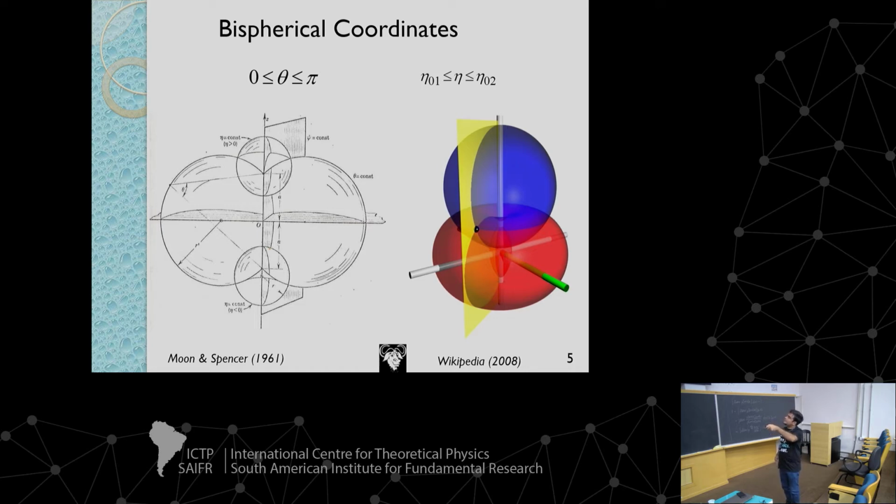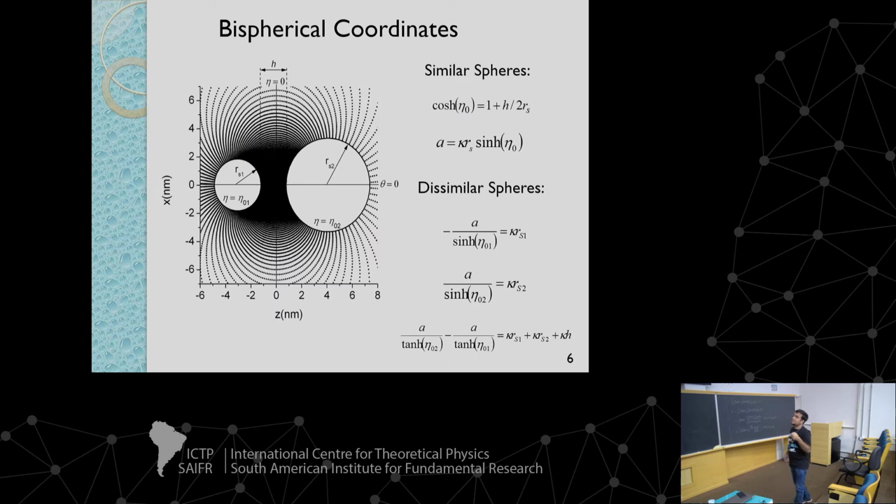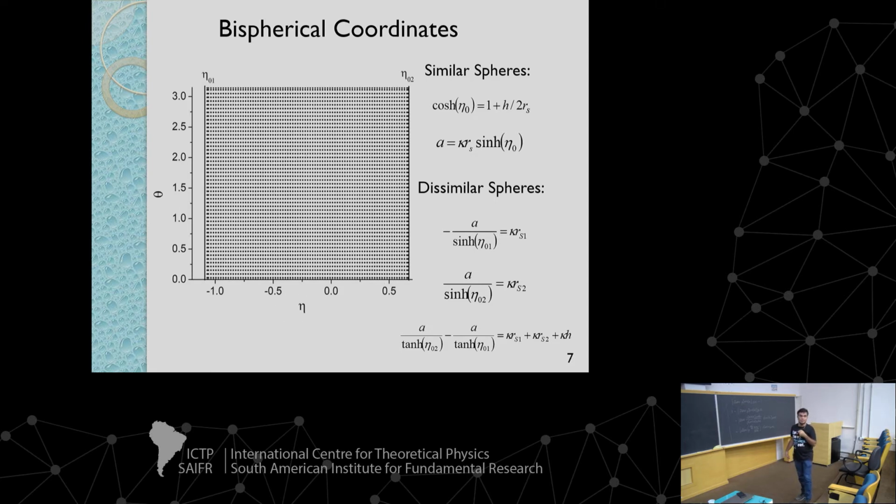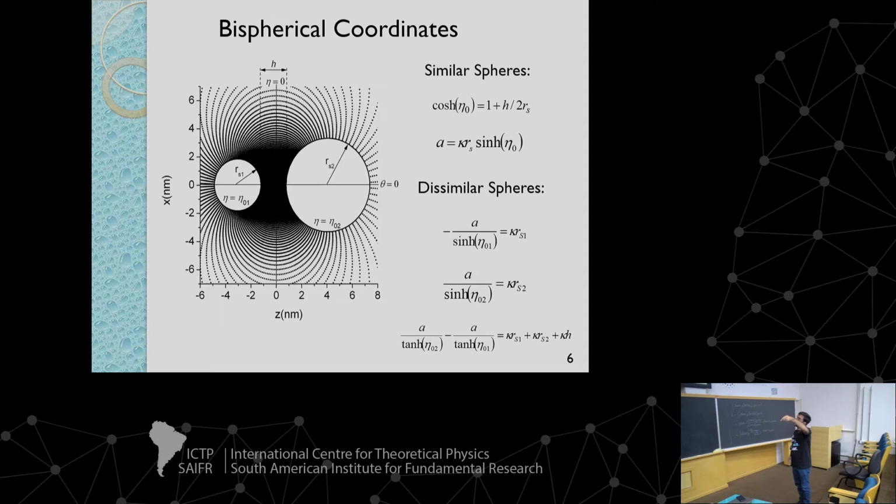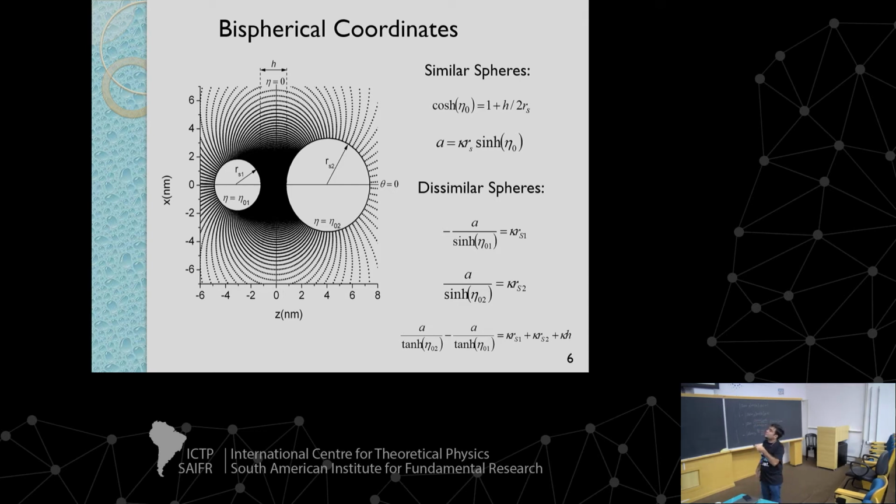So using this coordinate system, we can transform this kind of grid of a more complex geometry in a much simpler grid. So when we are numerically solving, we are solving this grid, not this one that is much more complex. And as you can see here, when we apply this kind of coordinate system, we give more importance to this region between the two spheres.